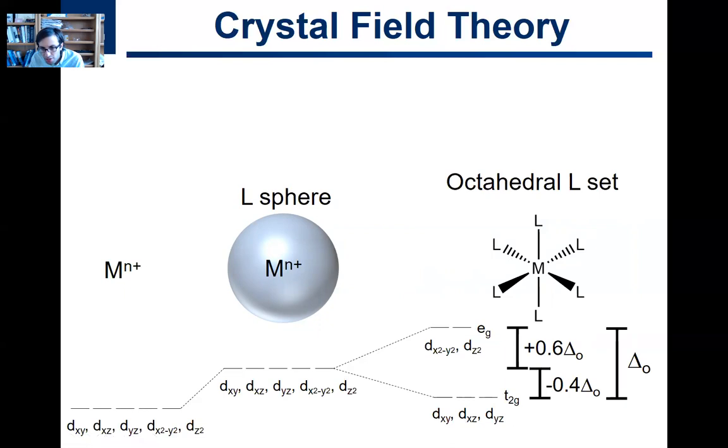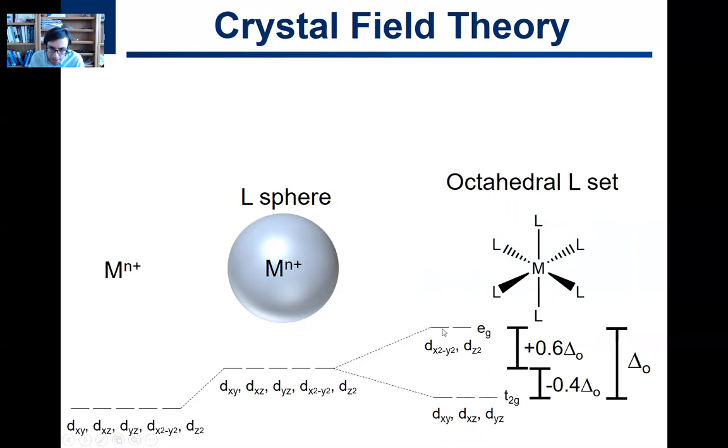We have two orbitals that move up in energy and three that move down, and the overall average energy has to stay right where we started, in the center.